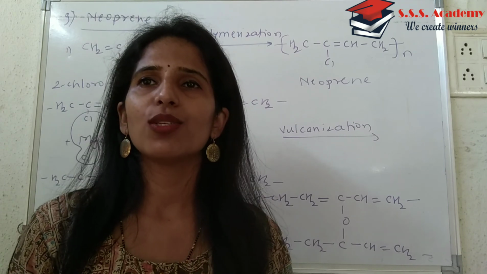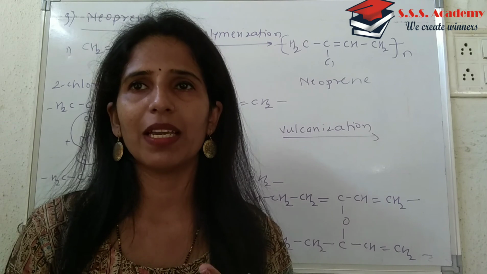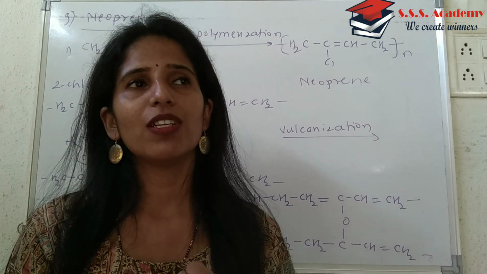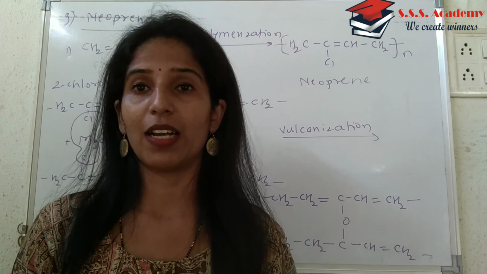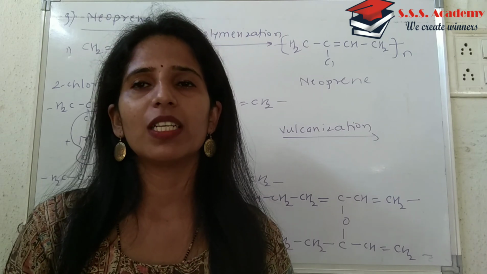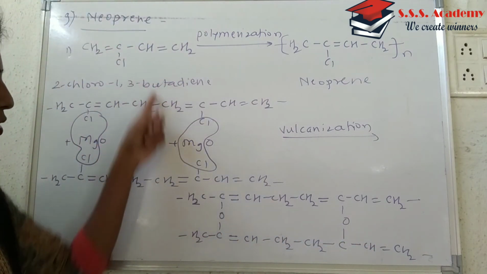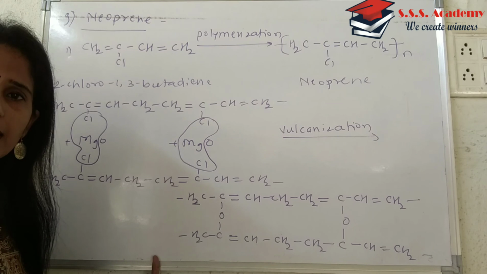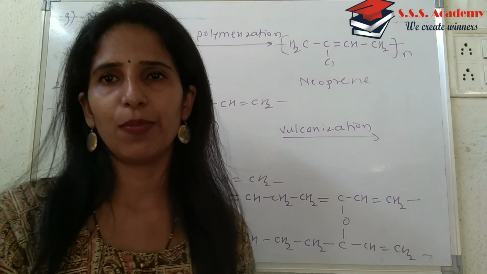Third, it is used in making hose pipes for the transport of gasoline and making gaskets. And fourth, it is used for making insulator cable, jackets, and belts for power transmission and conveying. So these 4 points you are supposed to write, and all those reactions. Is it clear?